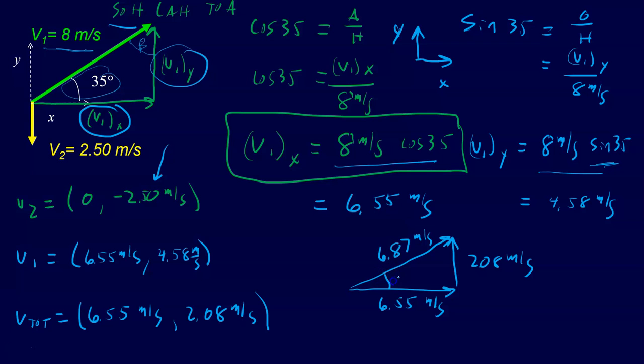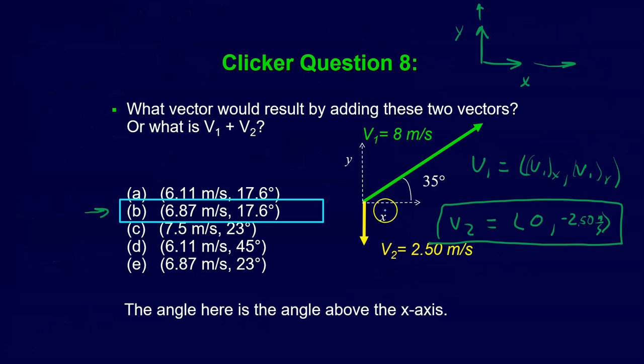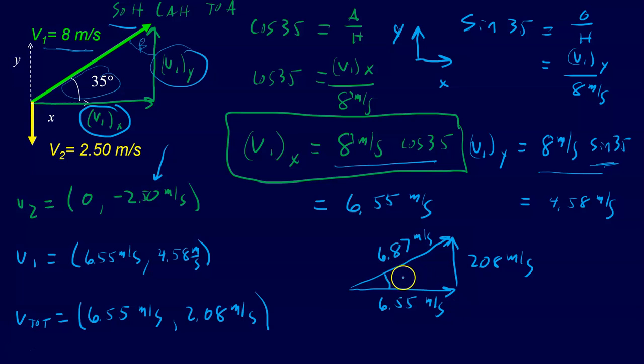That's great. The last thing we need to do is find this angle here. The problem told you to find the angle above the x-axis, and in our picture this would be the angle we are looking for. For the last part, I'd say tangent theta. Again, from my rules, that would be the TOA, so it's O over A. The opposite side would be the 2.08 meters per second, and the adjacent side would be the 6.55 meters per second.